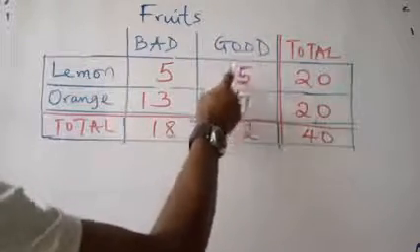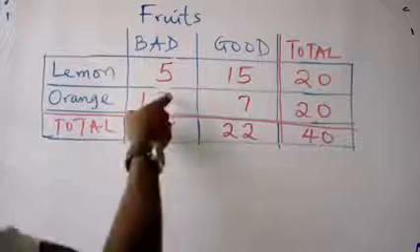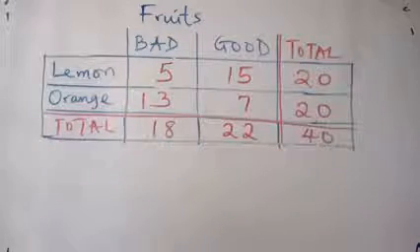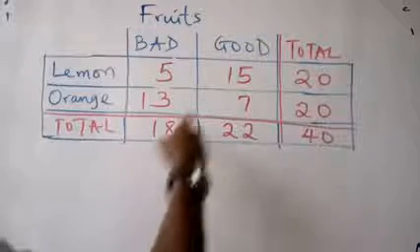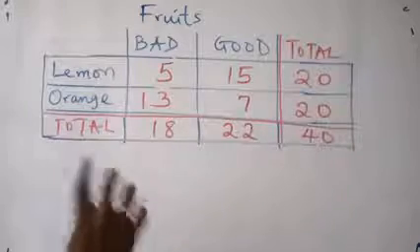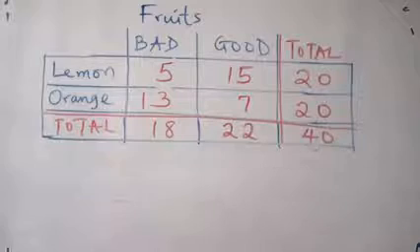That would be 15 over 40. Probability that the fruit you have picked is a bad orange, that will be 13 over 40. And probability that the one you have picked is a good orange, that will be 7 over 40. Just remember that any segment you pick must be written over the overall total.